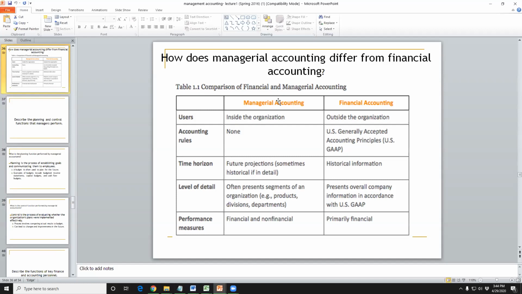Managerial accounting is focused on helping internal users make decisions, whereas financial accounting is really designed to satisfy the needs of key external stakeholders, investors and creditors primarily. In financial accounting, you have to follow GAAP, or if you're in an international space, international financial reporting rules, or China's financial reporting rules, or Canada's. Managerial accounting is a little more flexible.